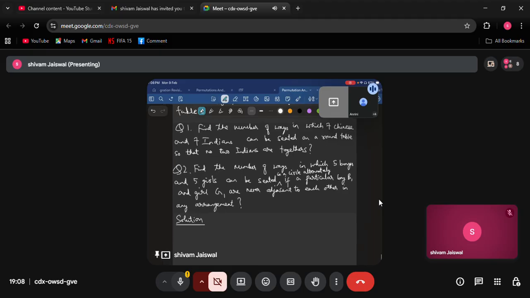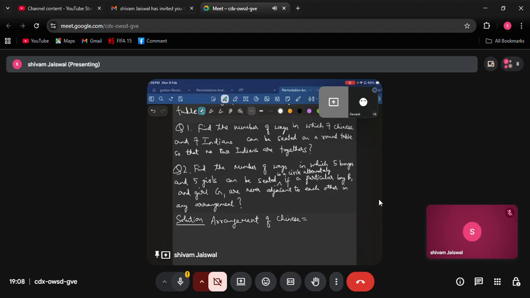So find the number of ways when 7 Chinese and 7 Indians can be seated on a round table so that no 2 Indians are together. What you do is, first of all, you arrange Chinese. Arrangement of Chinese can be done in how many ways?